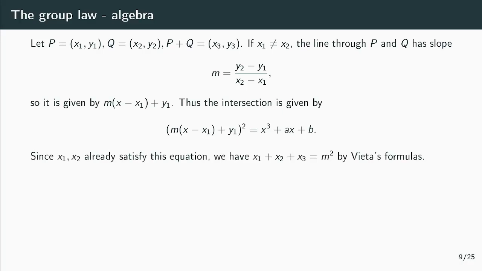And now it's time for the good old Vieta's formulas, which tell us that the sum of the three roots of this equation is exactly minus the quadratic coefficient, so m squared. And because we already know that x1 and x2 are roots of this equation, because they are the x-coordinates of points P and Q that lie both on the line and on the curve, it follows that we have x1 plus x2 plus x3 equals m squared.